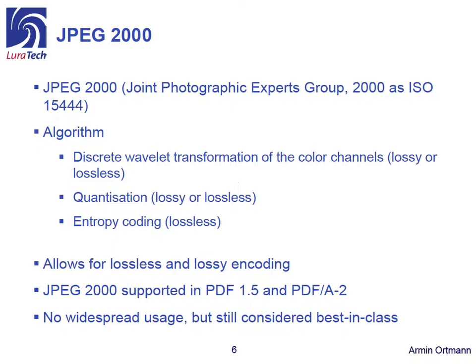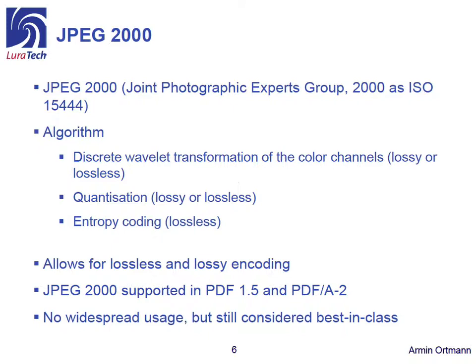They are quantized, so if you have a lossy process, you would just simply choose fewer values in the quantization, and then they are put through an entropy encoder, which would actually take care that consecutive values that are the same or similar can be compressed very efficiently. The important thing is you can have it both in a lossless and lossy fashion. So as opposed to standard good old JPEG, this can be used losslessly or lossy.